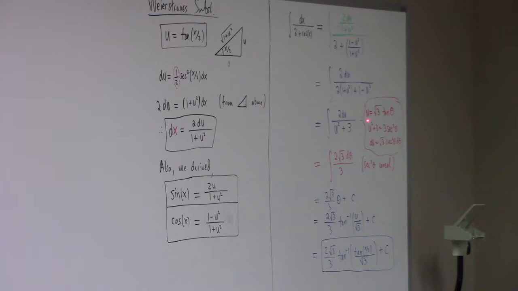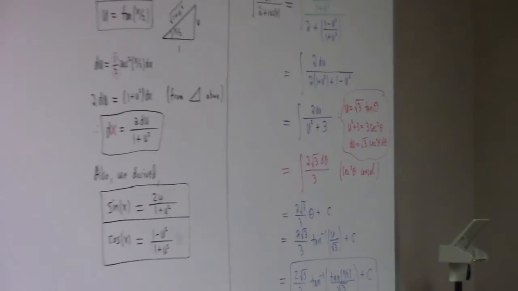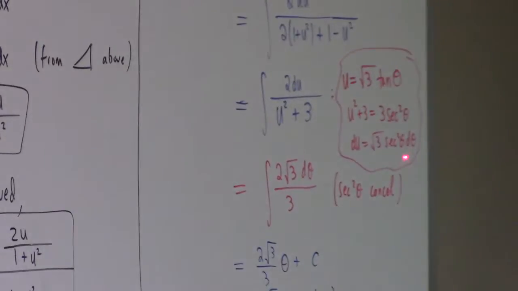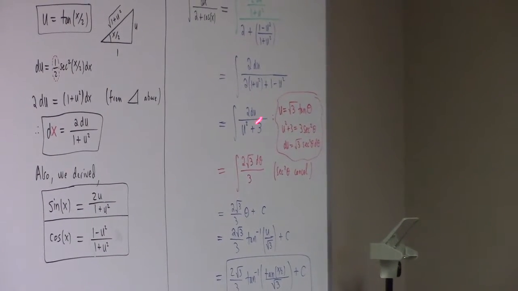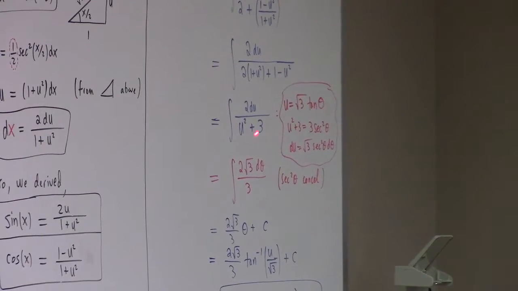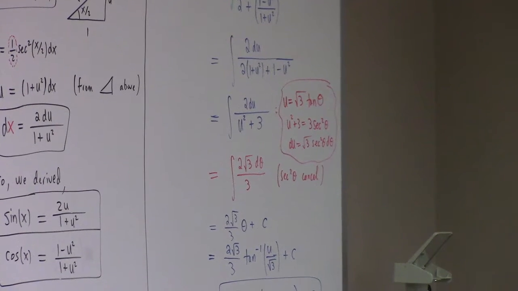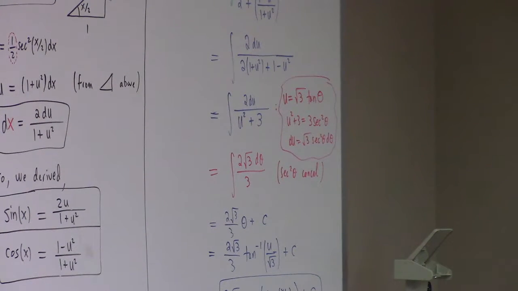If we do this trig substitution, u equals square root of 3 tangent theta, then u squared plus 3 is 3 secant squared theta, and du would then be square root of 3 secant squared theta d theta. So if I make this trig substitution, plug it into the blue equation here, then what you get is 2 secant squared upstairs and 3 secant squared downstairs.